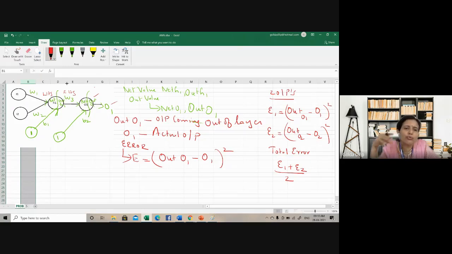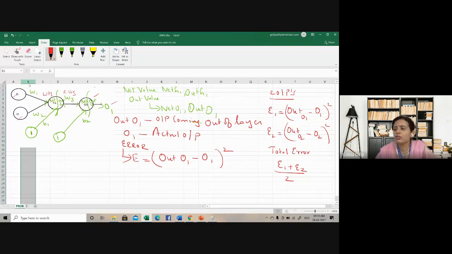Now for this architecture, we will do the derivation part of it. I hope you have understood the architecture. So this is a small neural network with two inputs, a hidden layer, an output layer, and I'm introducing two biases.